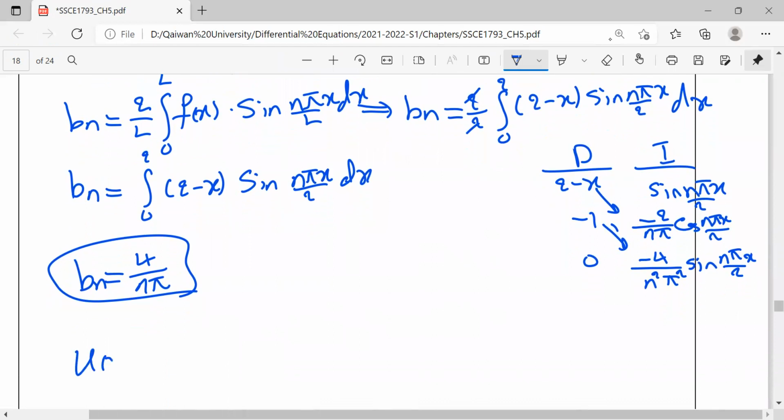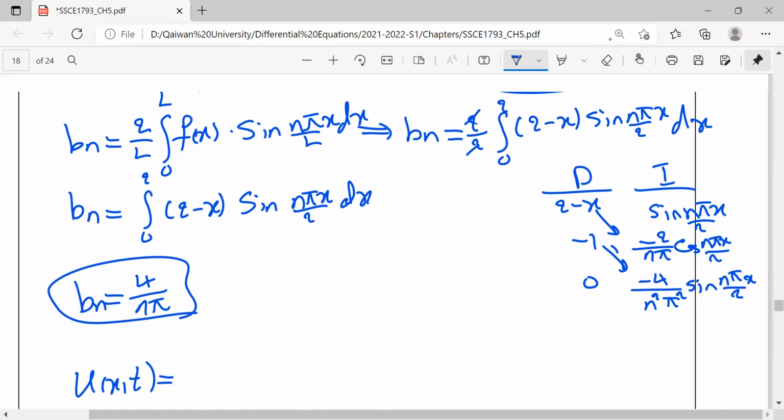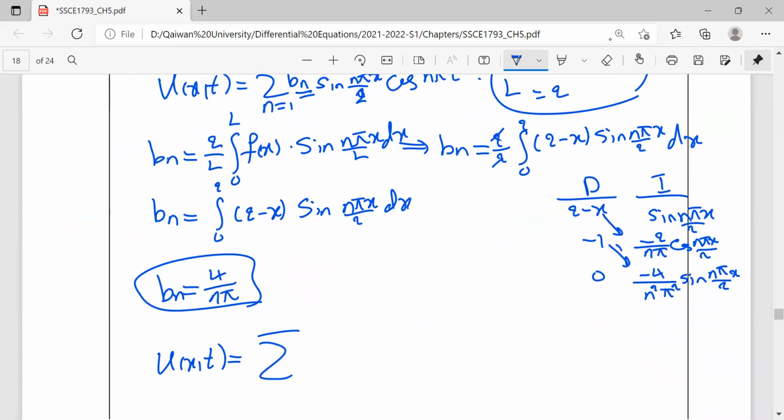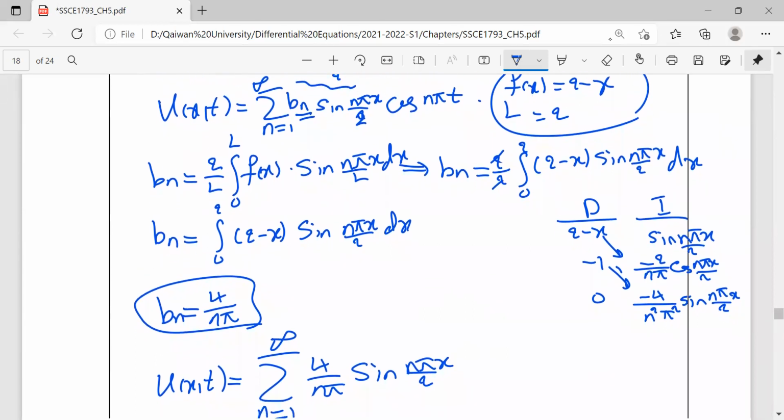We get u of x,t equals the sum from n equals 1 to infinity of 4 over n pi times sine n pi x over 2 times cosine n pi t.